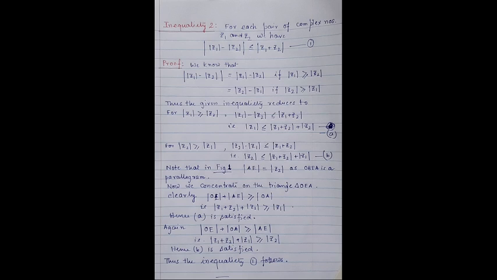The next inequality says, for each pair of complex numbers Z1 and Z2, we have mod of mod Z1 minus mod Z2 is less than or equal to mod of Z1 plus Z2.